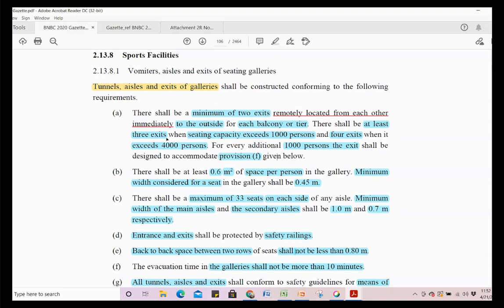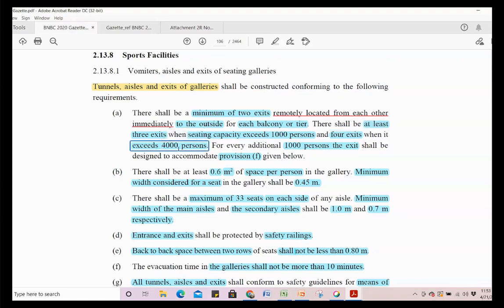There shall be at least 3 exits when seating capacity exceeds 1,000 persons. So below 1,000 persons, the minimum requirement is 2 exits. So if it crosses 1,000 persons, then there must be 3 exits, and 4 exits when it exceeds 4,000 persons.